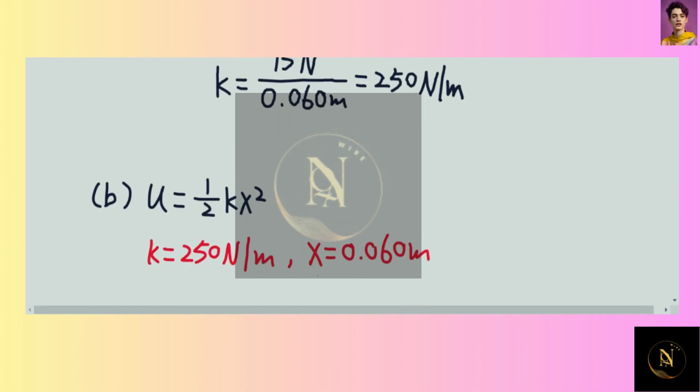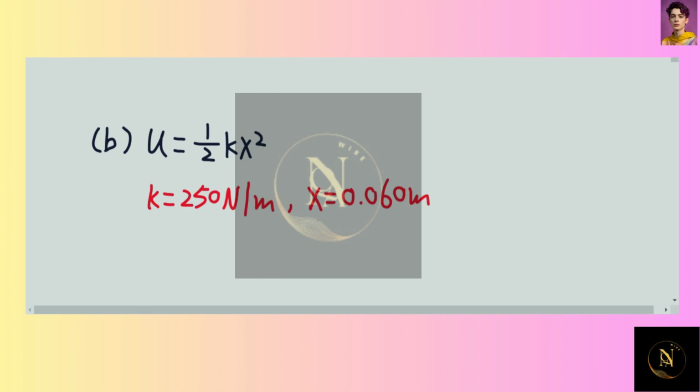All right, for question B, it was asking us the energy of the system. So the energy of the system should be equal to 1/2 kx squared. We know the spring constant is 250 Newton per meter, and distance is 0.060 meter.